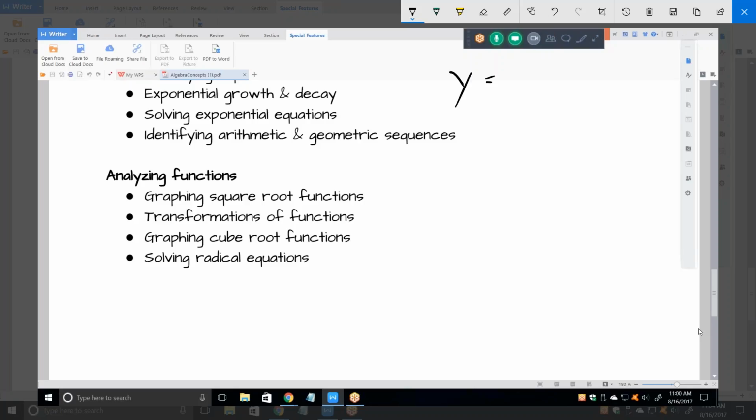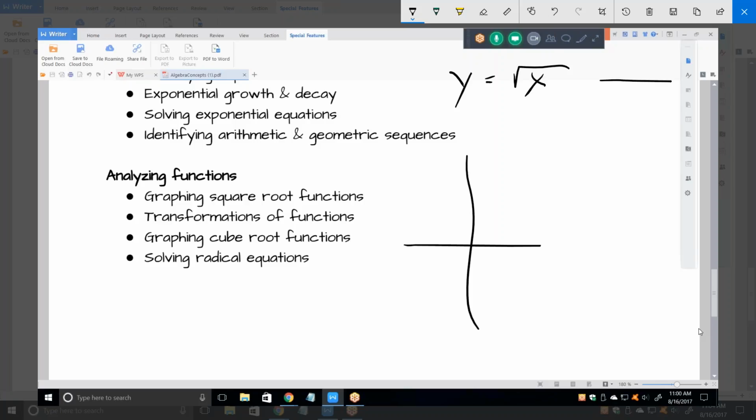So let's go on to graphing square root functions. A typical square root function is that one. That's the elementary square root function. Tell me how I'm going to graph that. If I don't know what the graph looks like, how am I going to figure it out? Maybe plug in a number.